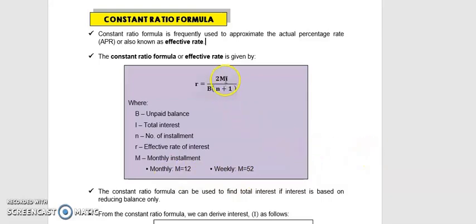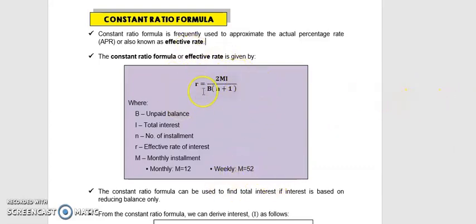So this value M depends on the question. If it says the installment plan uses monthly installment, then the value of M will be 12. But if the installment plan is based on weekly basis, then we set M equal to 52.